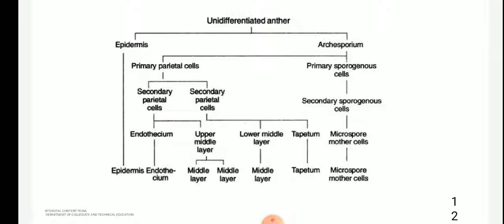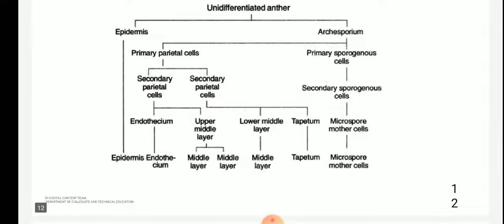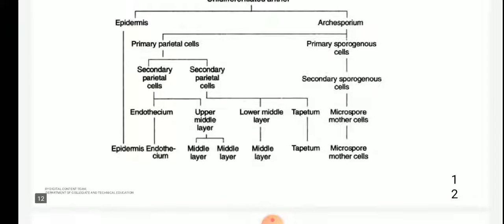In the undifferentiated anther, the epidermis is there from the birth of the anther, and the archesporium differentiates at the hypodermal region. The epidermis persists till the mature anther dehisces, and the archesporial cells differentiate and divide periclinally to form the primary parietal layer and primary sporogenous cells.